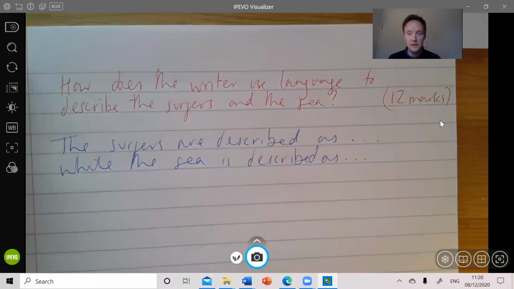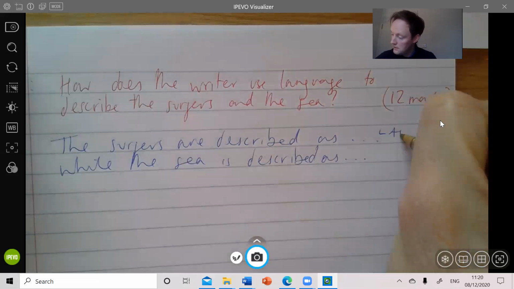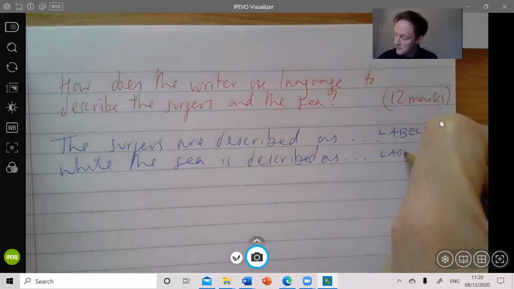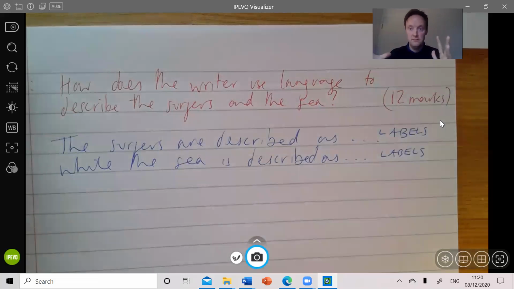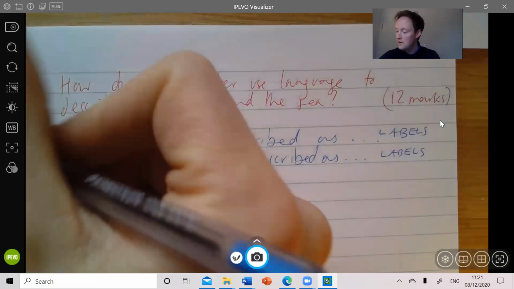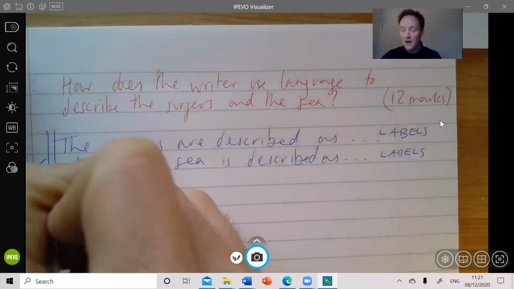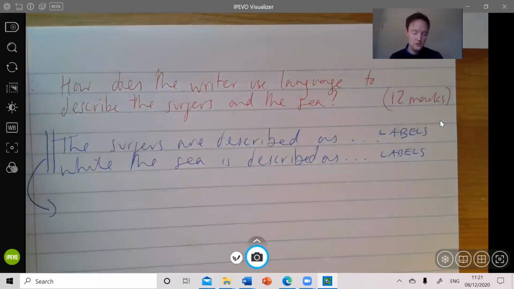It's not terribly exciting, but it does what it says on the tin. It answers the question. And essentially what we're doing in here is providing some labels. What are the surfers like? They are like this. The sea is like this.